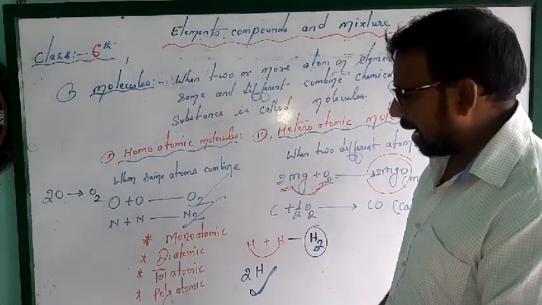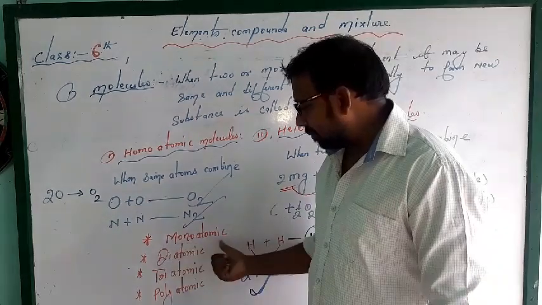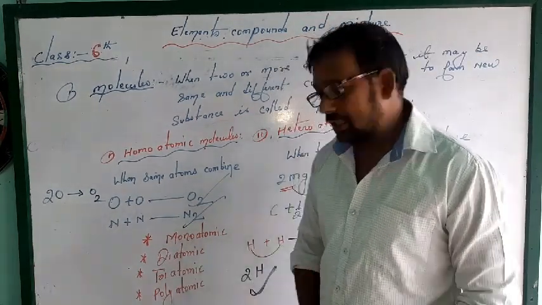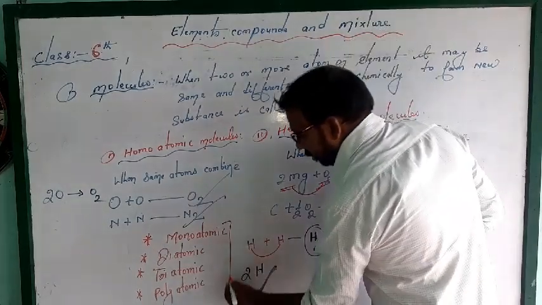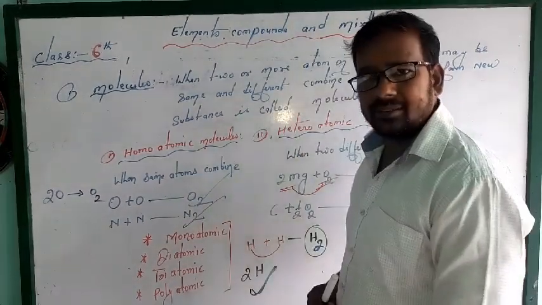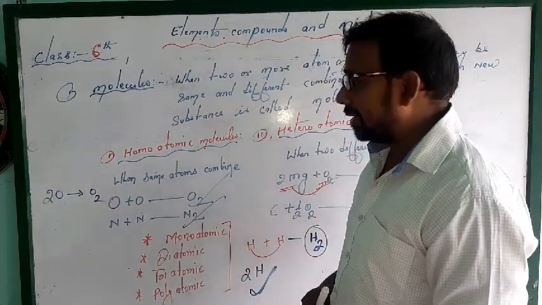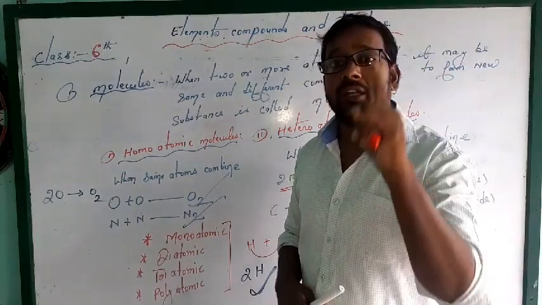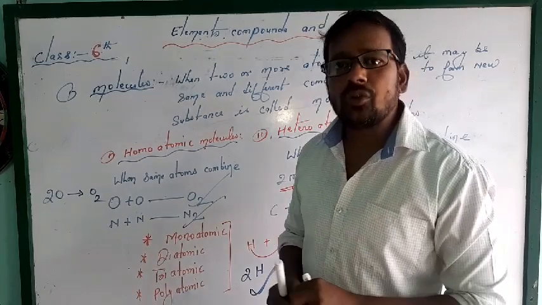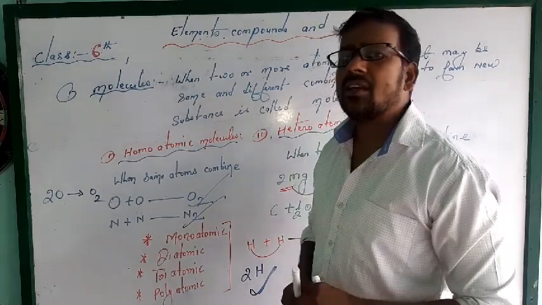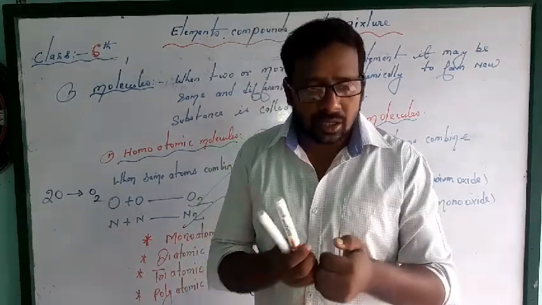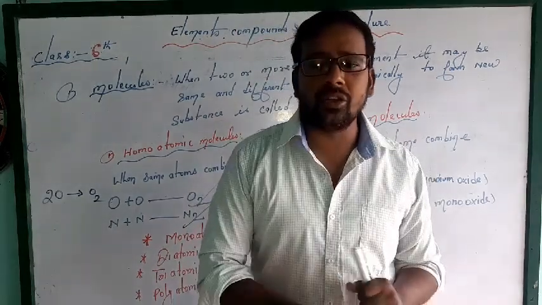Now another topic: what do you mean by monoatomic, diatomic, triatomic and polyatomic? There are four topics given in the book. Monoatomic: the molecule which has only one atom. So you know what the monoatomic elements are? All noble gases. You can search on the net or see in your book.